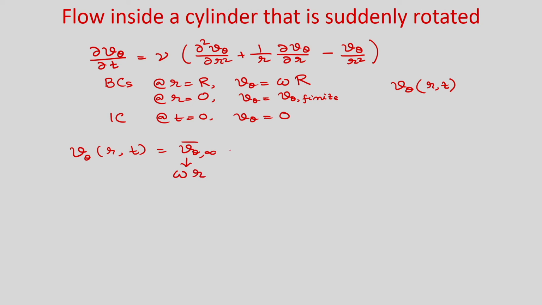Omega into r, and minus one transient solution, that is your v theta prime (r, t). Okay. So, now we are decomposing this problem. Here you can see that the cylinder is rotating with a velocity omega, and you are finding the velocity profile, and this is the steady problem, okay. And this other problem is a transient problem where this is a stationary cylinder, okay.